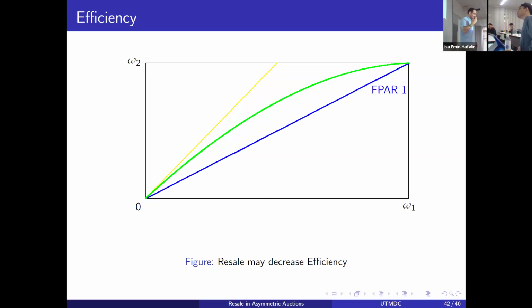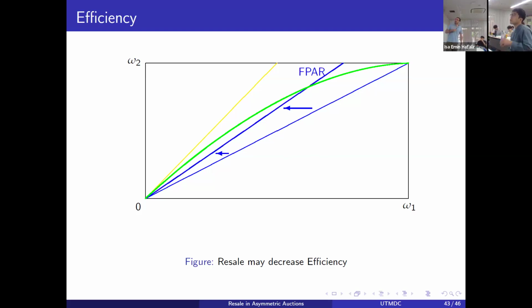So basically bidder 2 is bidding more aggressively. So bidder 2, the weak bidder, is getting the item more often. Okay? And then with the resale part, we make this blue line to the right, which is helpful for the surplus, but it will not go all the way down to here, right?